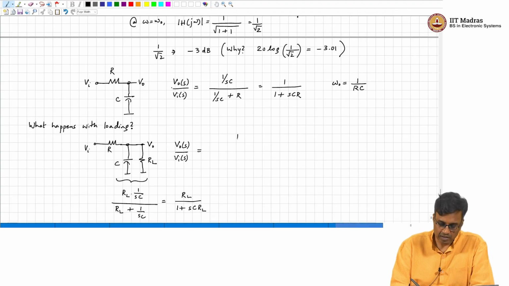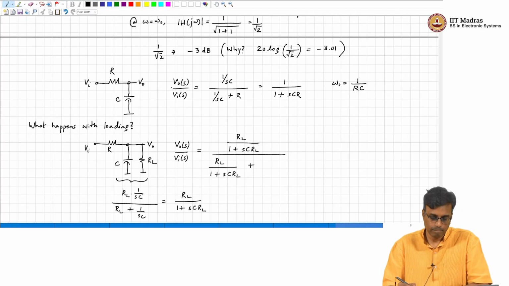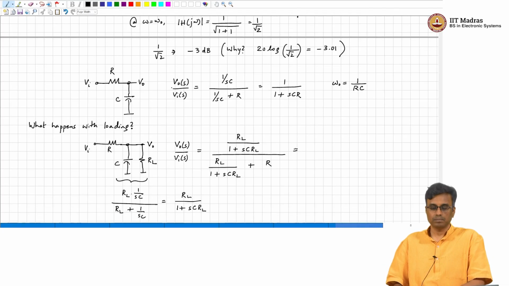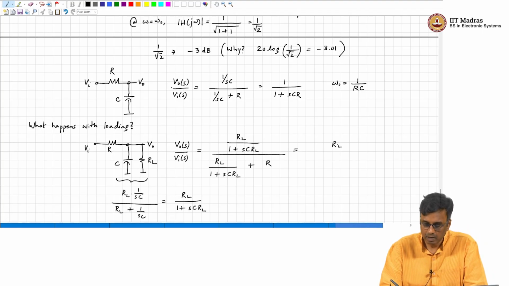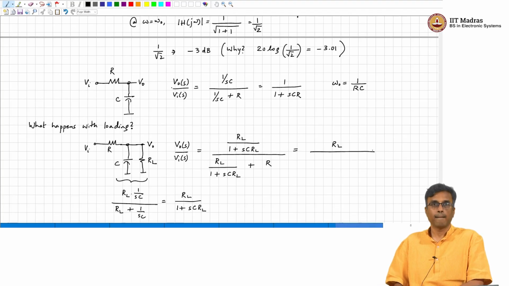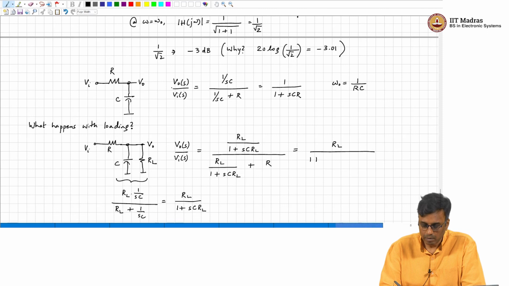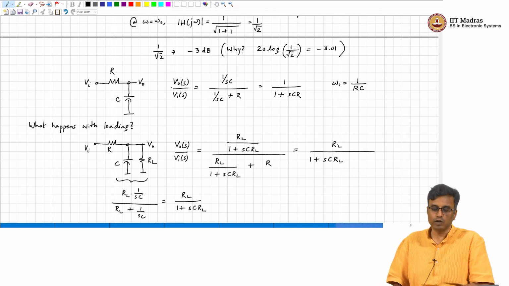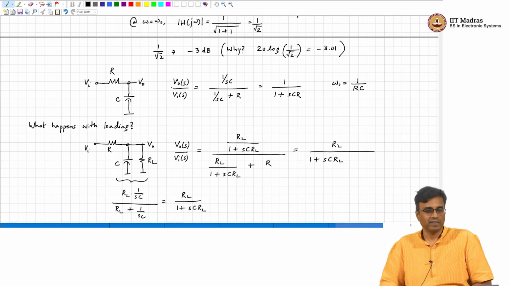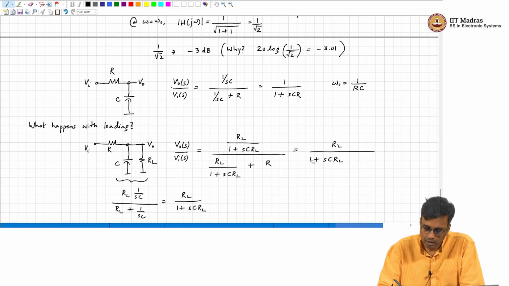So, the overall transfer function is RL over 1 plus sC RL divided by RL over 1 plus sC RL plus R. Multiplying the numerator and denominator by 1 plus sC RL, I get RL over RL plus R times 1 plus sC RL.